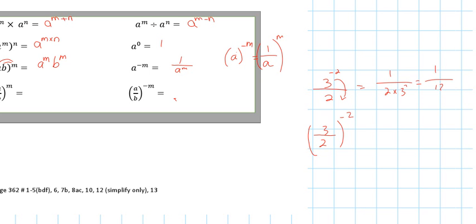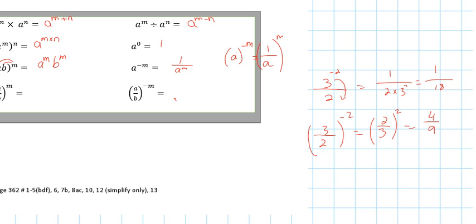In this case, because it's in brackets, the whole base is going to flip. So this is going to be 2 over 3 to the power of 2, which is 4 over 9. You see the difference in the answer? You guys see the difference? So you have to be careful how you're writing it.